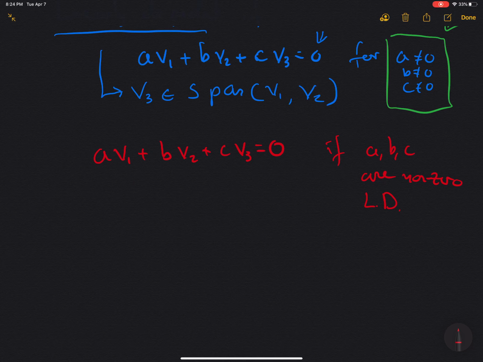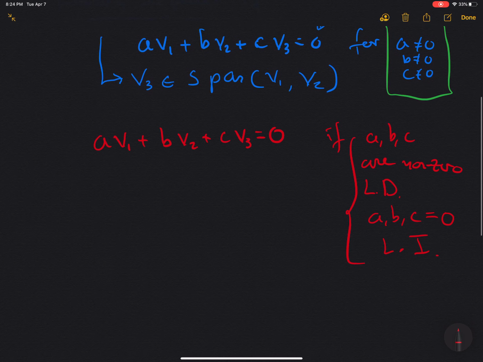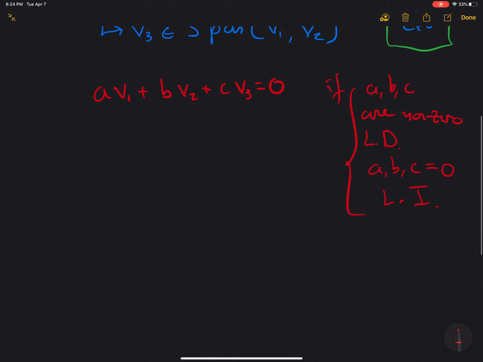But on the other hand, if A, B, and C are actually equal to 0, that means that they're linearly independent. This is a very simple way to check if a set of vectors is linearly dependent or independent. So all I'm going to do is look at this equation.